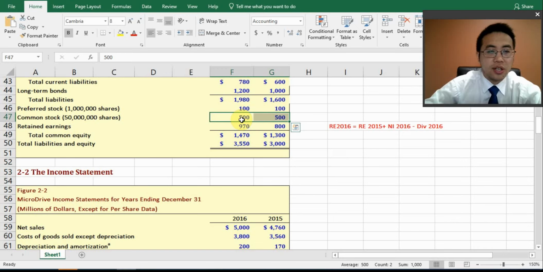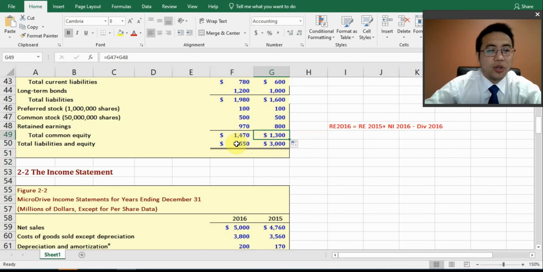So it's still the same number, and this is a book value of stock. I'm not talking about the market value, which you hear all the time, every day, the Dow Jones, NASDAQ. No, I'm talking about the book value of common stocks. All right, and then for the previous year, I just drag it by one column to the right.